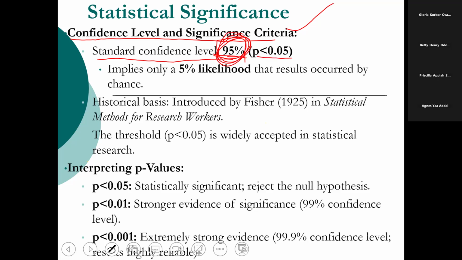So you go to the hospital, you are going to have a surgery, and then the doctor tells you that there is a 95% chance that when you go for this surgery, you won't come back alive. Would you go and do it?